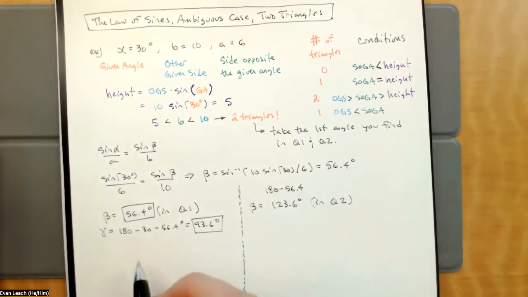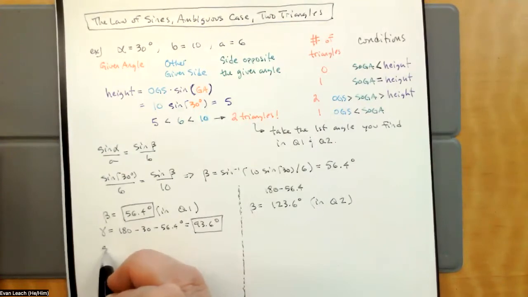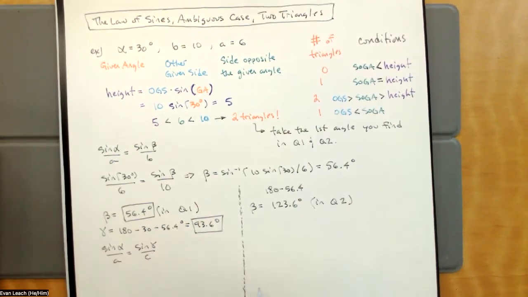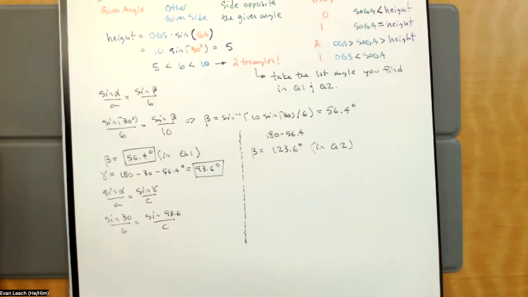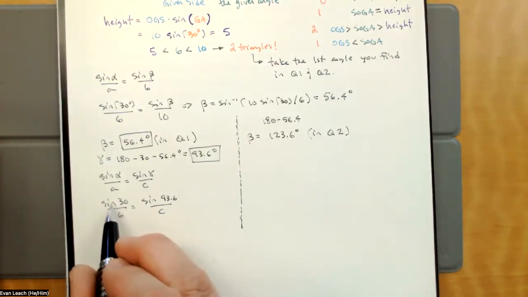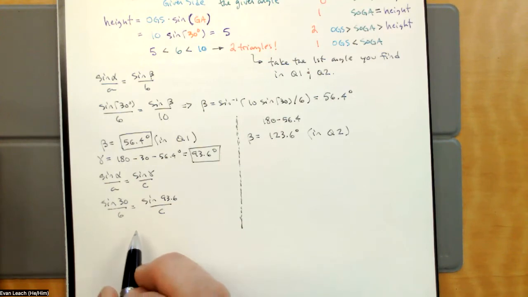So I'm going to use sine of alpha over A equals sine gamma over C. So that means that sine of 30 over 6 is equal to sine of 93.6 over C. So I'll multiply both sides by C and then divide by sine of 30 over 6.